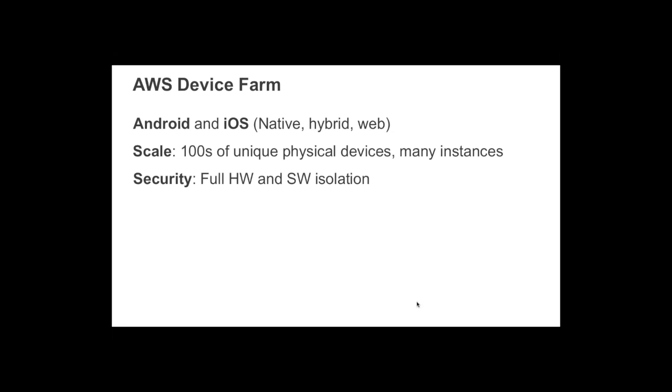So there's no way for crosstalk to occur between tests on multiple devices. And in addition to this addressing the security concern, this also benefits you from a stability concern because it means that every time you run a test, you can be sure that you're running on a clean environment that is not going to face interference from devices or tests running around it.